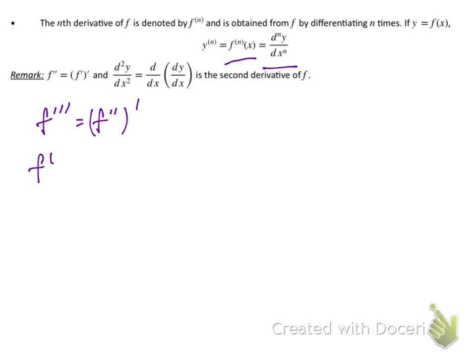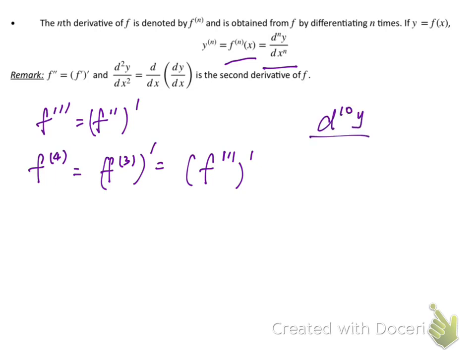I'll write f superscript 4, or f superscript 3, which means f differentiated three times. But with d/dx, you can write 10 if you want. This is the 10th derivative of y with respect to x. Okay. So how do you get higher derivatives? Be patient, get the first derivative, then get the second derivative, then get the third derivative until you get where you need.